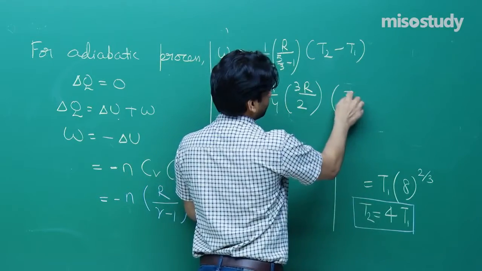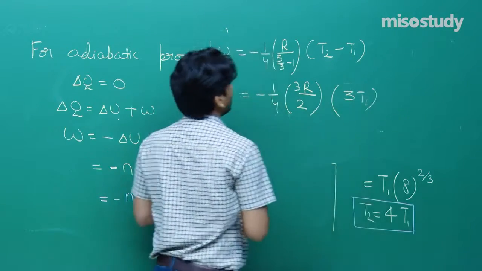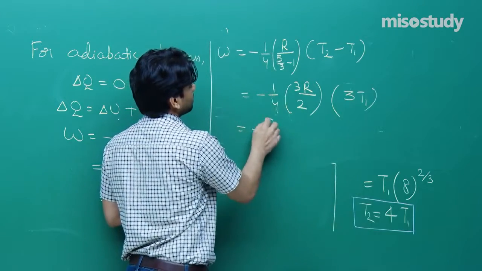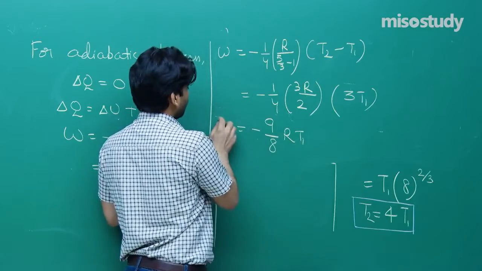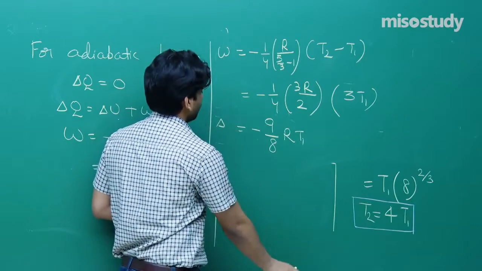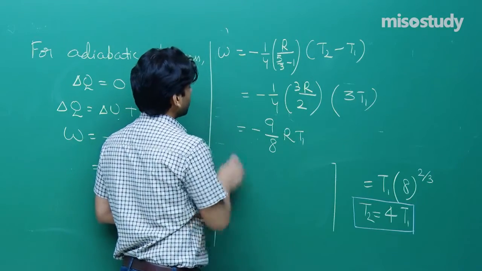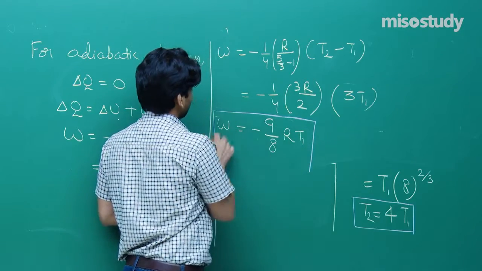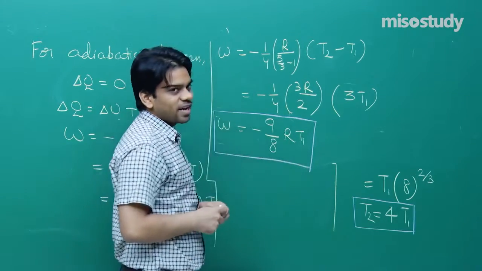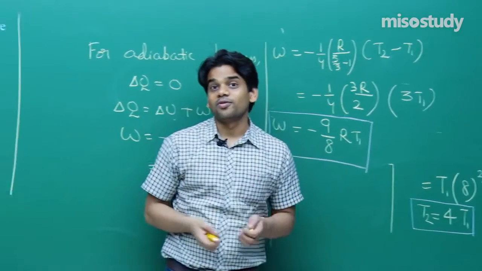So I'm writing directly 3T1. Now easily you can evaluate it: minus 9 by 8 RT1. This is the value of W, the work done. Work done turns out to be minus 9 by 8 RT1 because the gas is compressed.